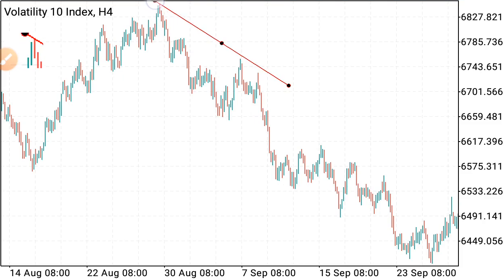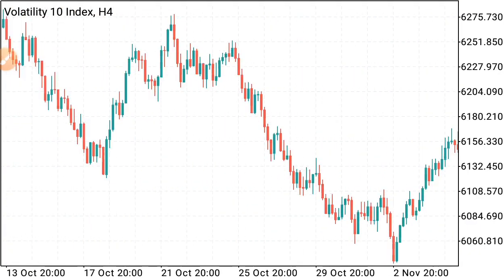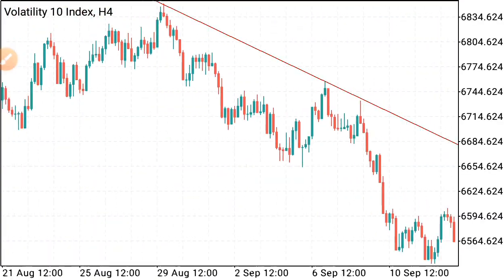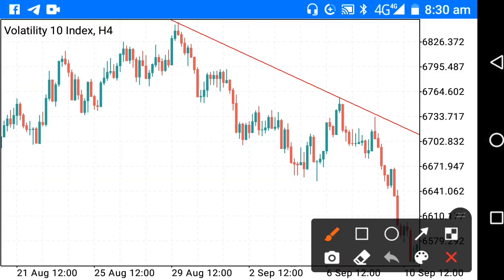So I join the peaks, and from what you can see here, I've made 3 touches. One here, one here, and one here. It doesn't matter how close they are. Touch is touch. The distance does not matter. So this is another nice entry setup.